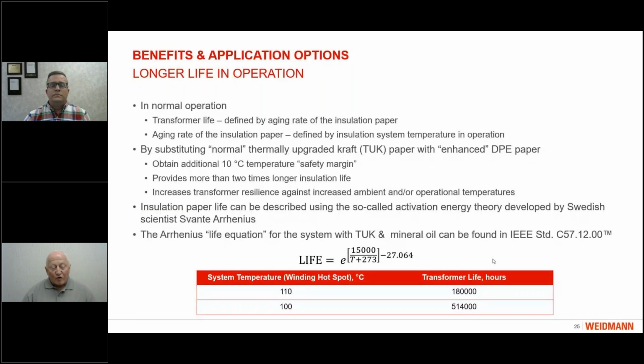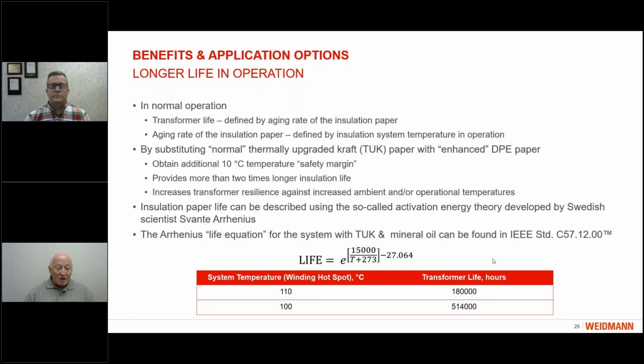So what could be the benefits of application of this higher temperature system, and specifically a higher temperature system based on enhanced DPE paper, either in mineral oil or in ester liquids? The first advantage that we can get is extension of the life of transformers. Transformer life generally is defined, all other conditions being equal, by the aging rate of insulation paper.